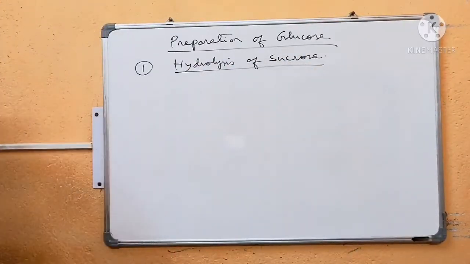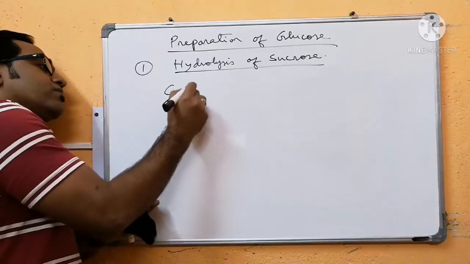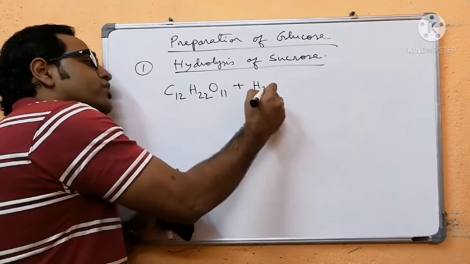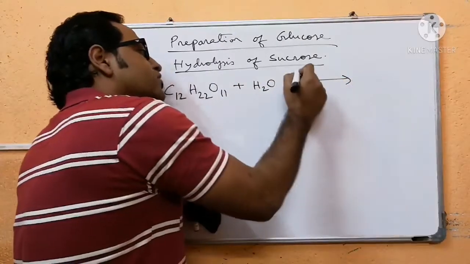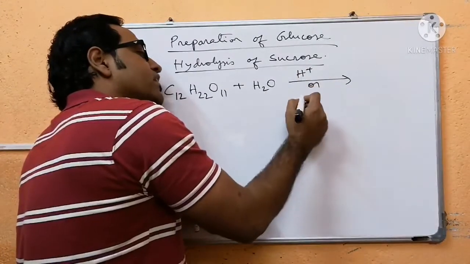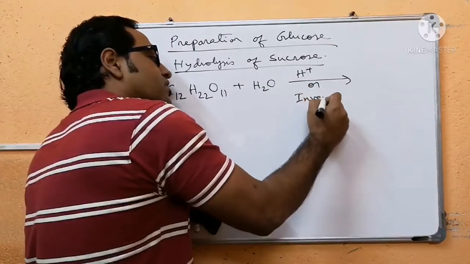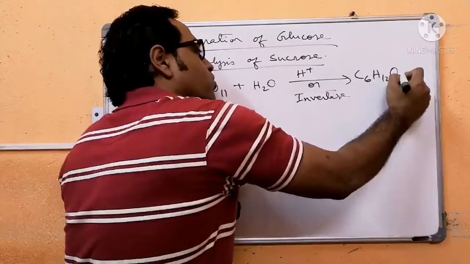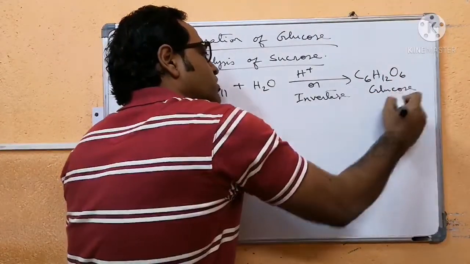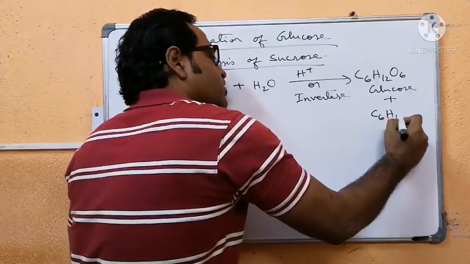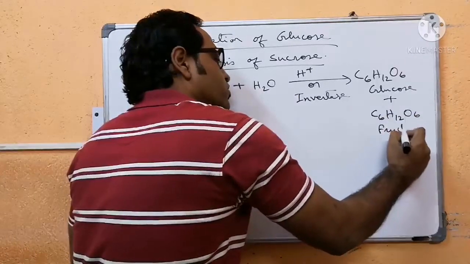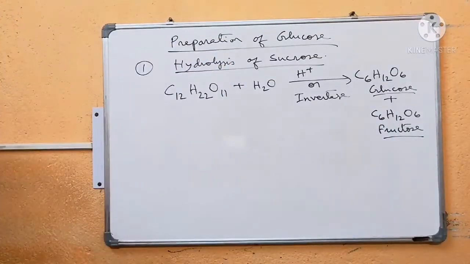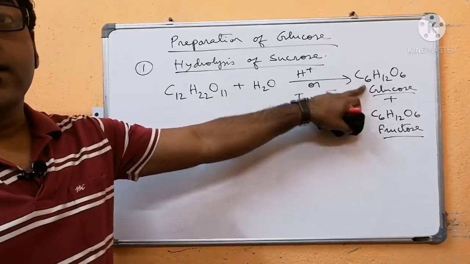Sucrose, we know the formula C12H22O11. Upon hydrolysis with water in presence of H plus ion or an enzyme called invertase, it is converted into C6H12O6 glucose plus C6H12O6 fructose. Glucose and fructose have the same molecular formula. The only difference is one is aldehyde, another is ketone.